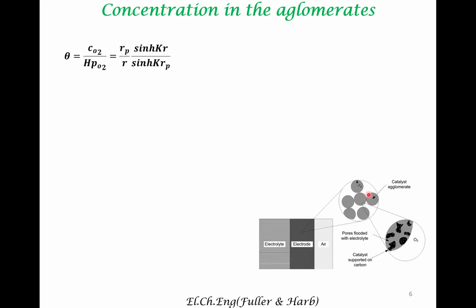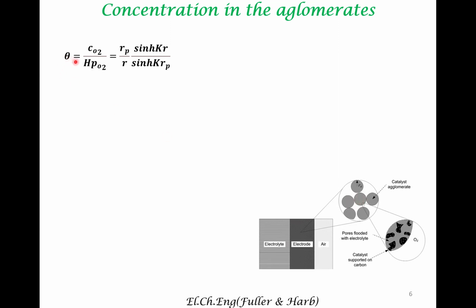What is important to understand is that within the catalyst particle, the concentration of O2 is not a constant. It varies at different sections of the catalyst particle.